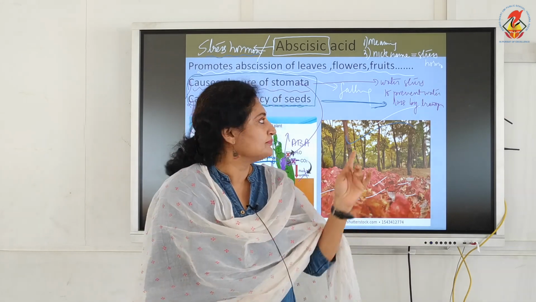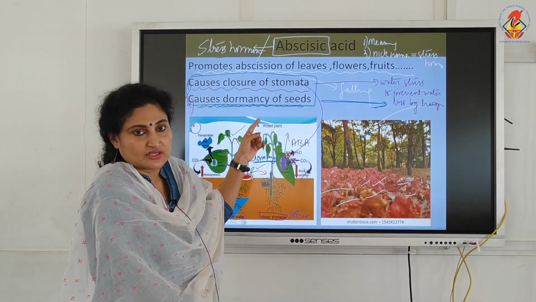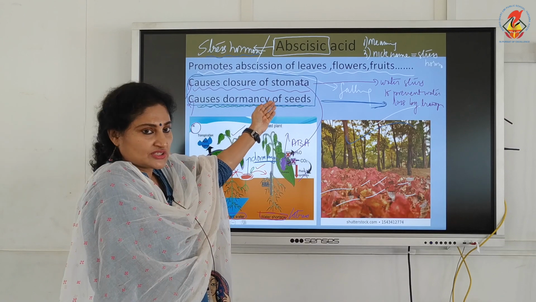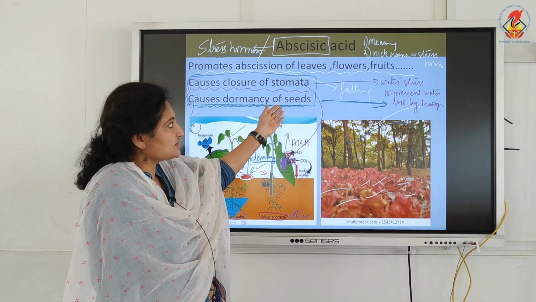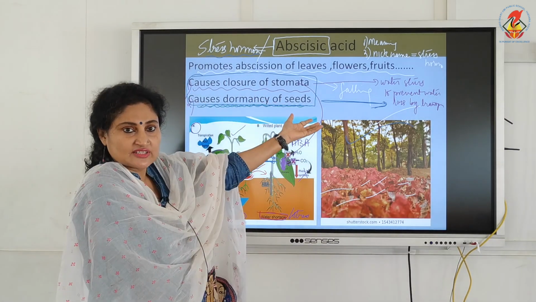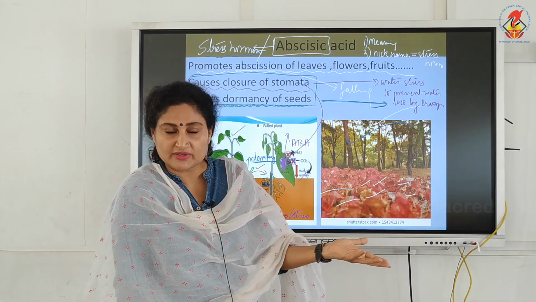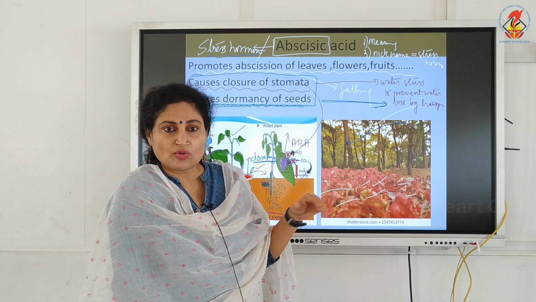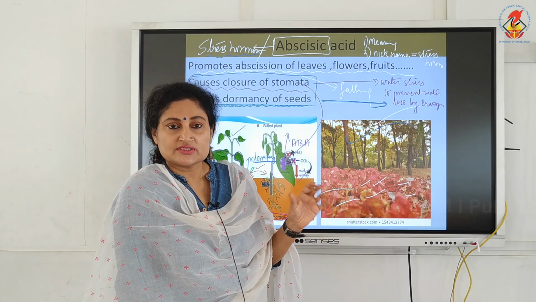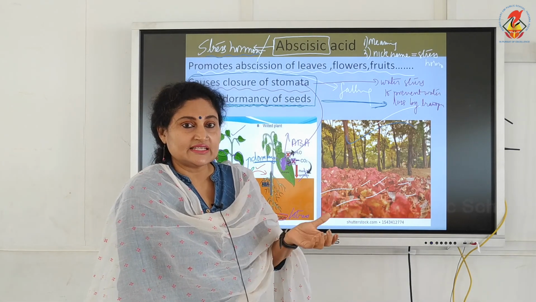Abscisic acid is an inhibitor, inhibiting photosynthesis, inhibiting seed germination, making the leaves to fall. So it has a negative impact on the plant. Though it is a positive for the betterment of the plant, the role is inhibition. So it serves as an inhibitor.